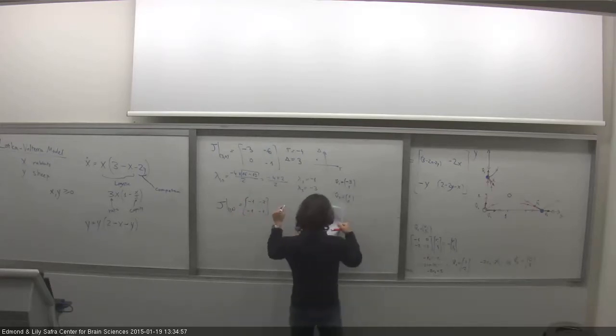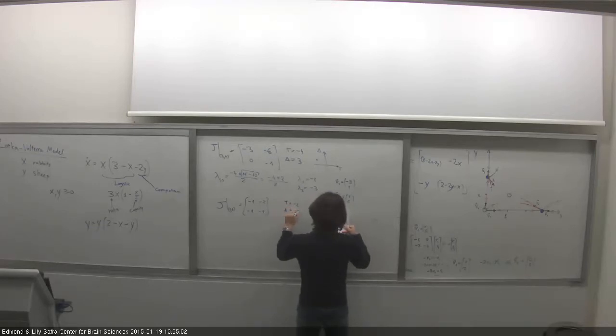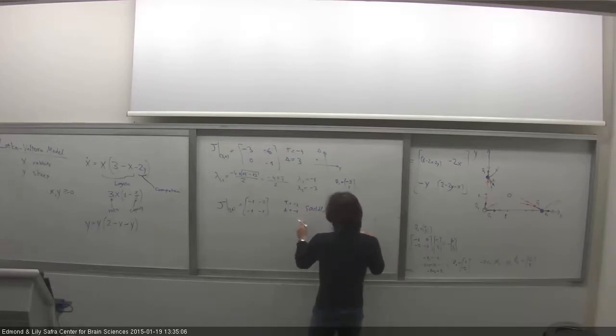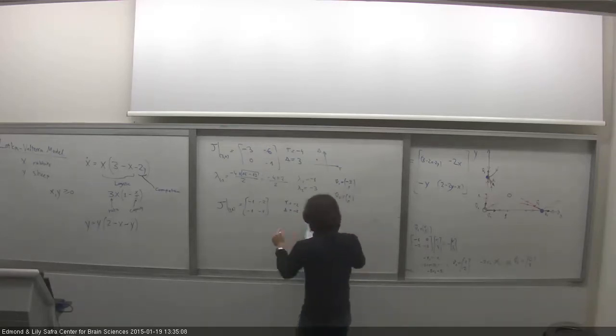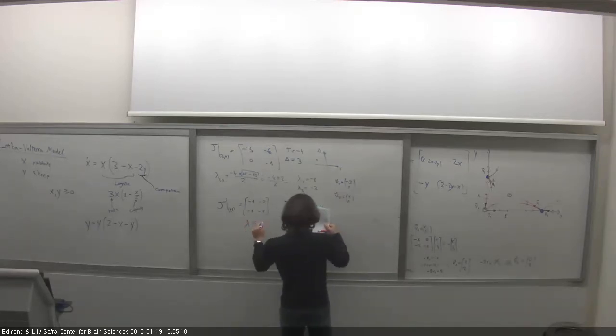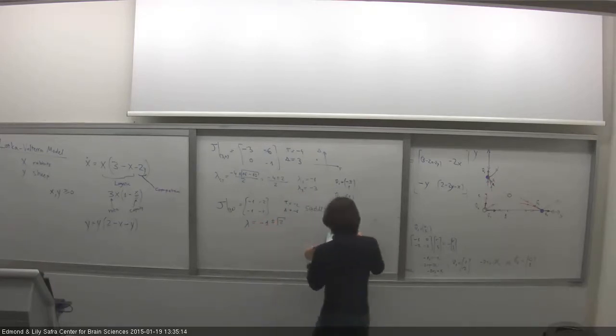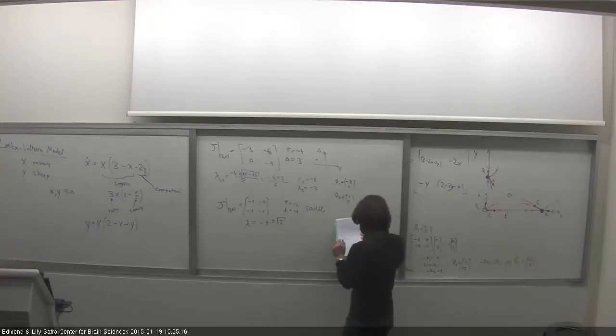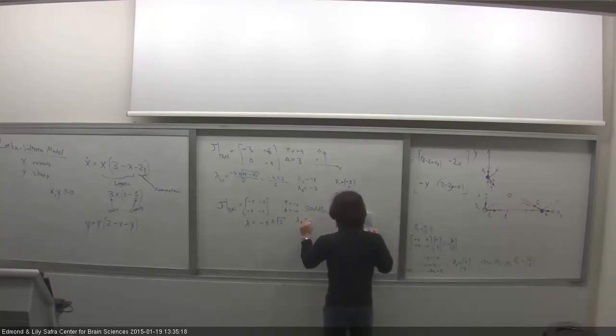This is trace equals minus 2, delta equals minus 1. Saddle. Okay, and a negative delta is immediately a saddle. Lambda equals minus 1 plus minus square root of 2. So we have lambda 1 equals 1 plus square root of 2. This is positive. Lambda 2 equals 1 minus square root of 2. This is negative.